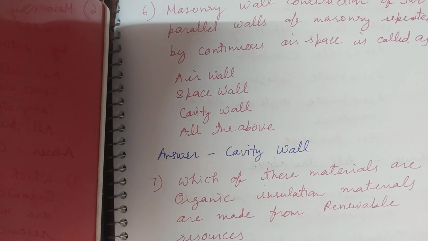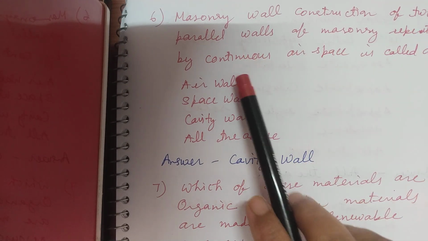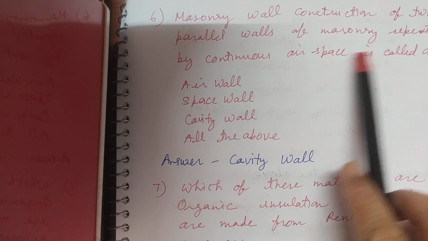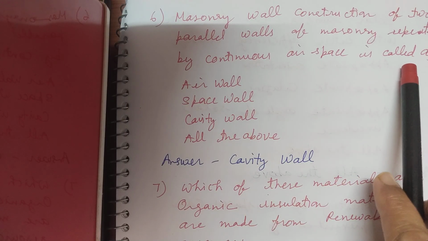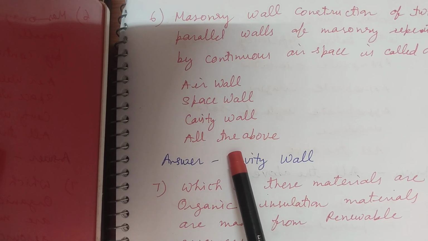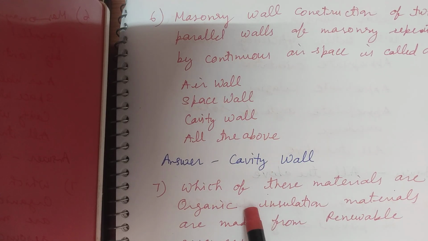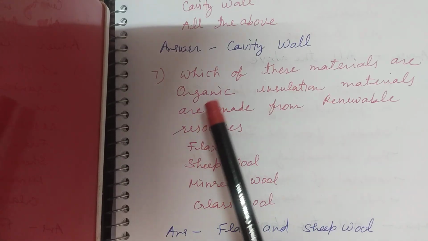Alright. Now coming to question number 6. Masonry wall construction of two parallel walls of masonry separated by continuous air space is called as air wall, space wall, cavity wall, all the above. The answer of question number 6 is cavity wall. Okay. Question number 7.